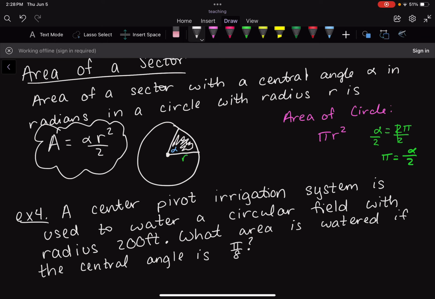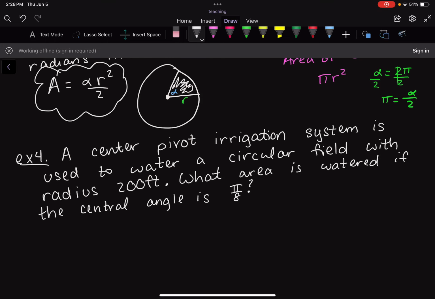I really do like this question because I could really see this happening. If we think about a farm and we say that it's a circular farm, basically what it's saying is that we have this irrigation system in the middle, and we need to know, if we're only looking at pi over 8, so that's actually pretty small, if we're only looking at this much, what area of this farm is actually going to get watered?